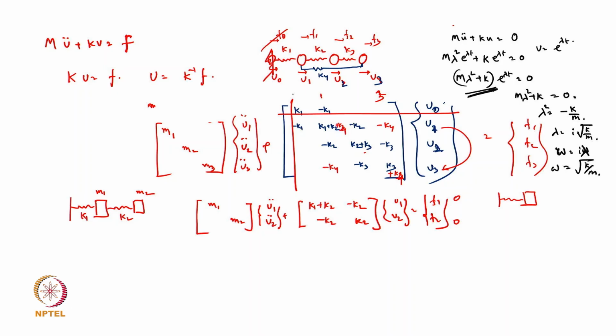We can try in a very simple manner as we did in the last case. We can assume u1 equal to U1 into e to the power of lambda t, and u2 equal to U2 into e to the power of lambda t. Okay, good.